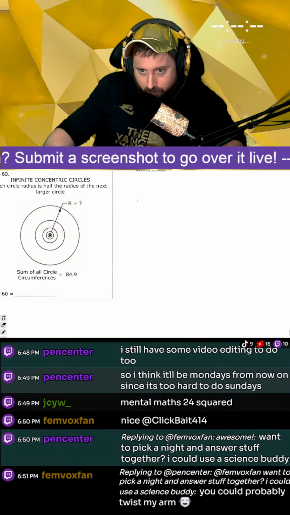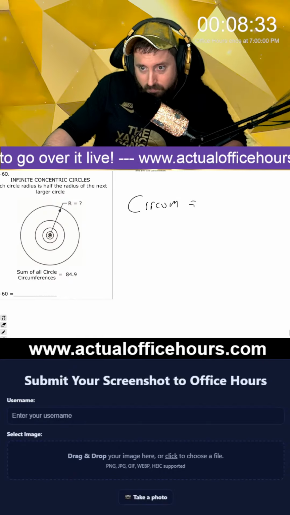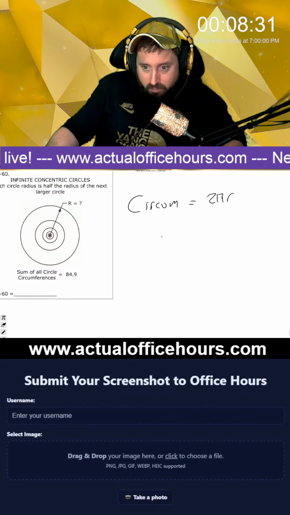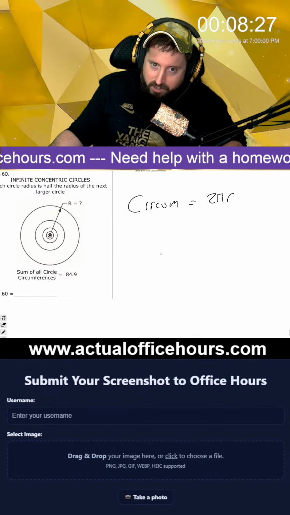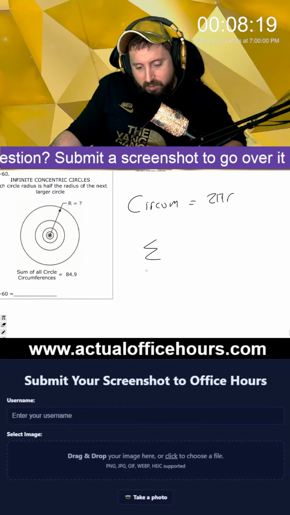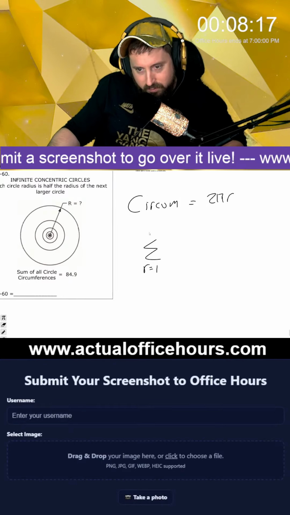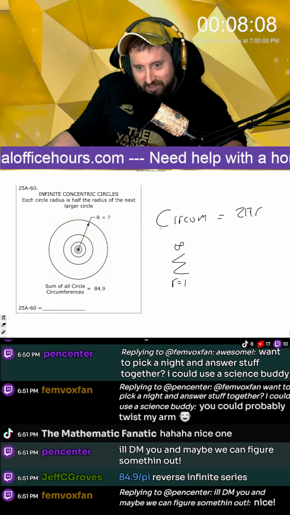Okay, so circumference is equal to 2 pi r. So this is the sum. All right, so we're actually integrating, I guess, right? No. Well, maybe we can write this as an integral. It's an infinite series, right? Oh, I see.